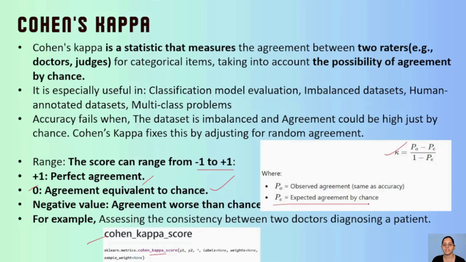PE is your expected agreement by chance. I have taken one example here where two doctors are diagnosing a patient. They have to come to an agreement, like they should have a common understanding between them when they're operating on a patient. That factor is getting controlled by Cohen's kappa.